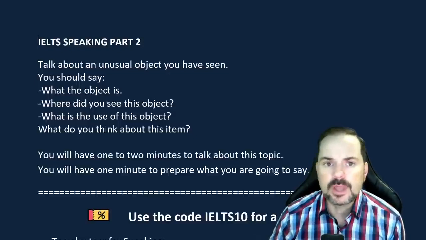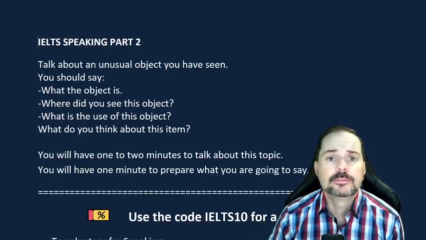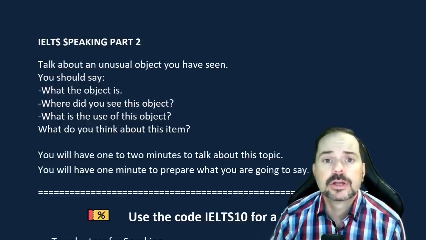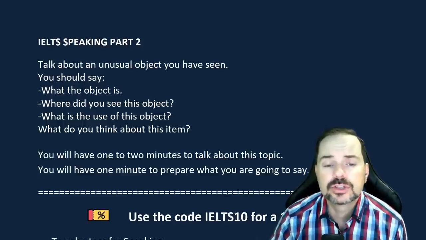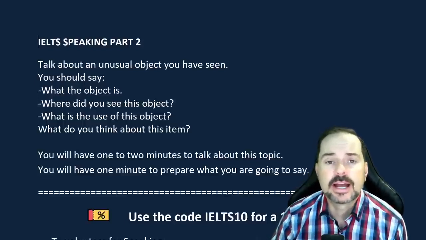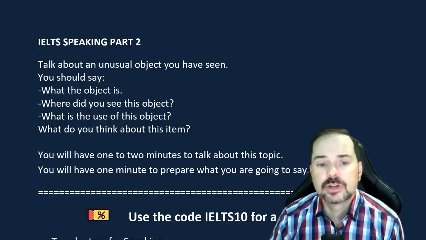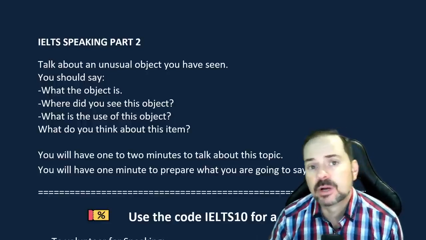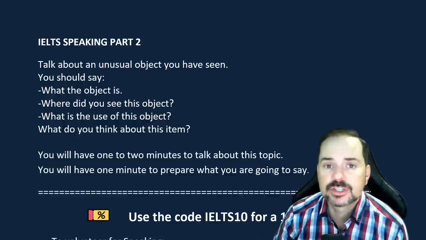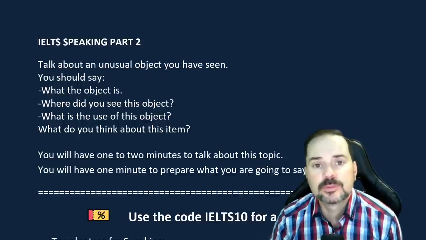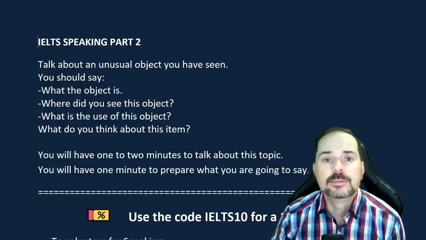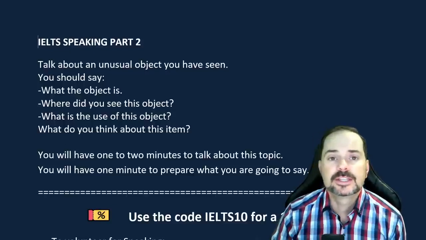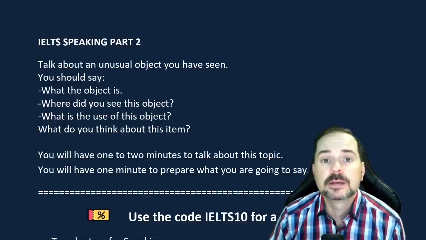So IELTS speaking part 1, you sit down and you introduce yourself. The examiner asks you some questions on a general topic, and when you have been asked about 4 or 5 questions on that general topic, like the sports that you play or hobbies that you do, then the examiner will say that is the end of speaking part 1.